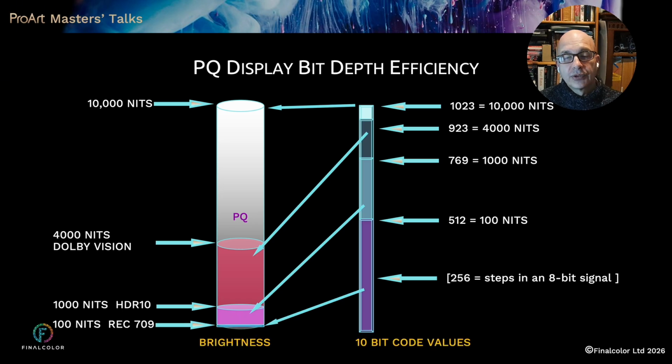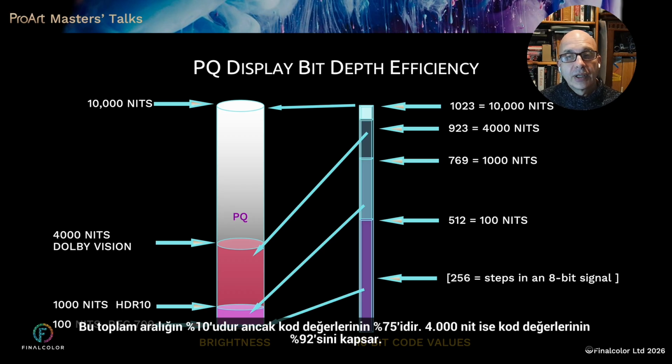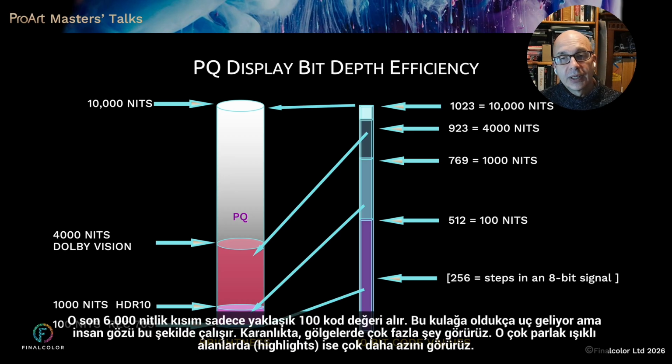And then for 1,000 nits, which is what we currently master HDR to, that takes up 75% of the code values. So that's 10% of the total range, but 75% of the code values. 4,000 nits, that takes up 92% of the code values. And that last 6,000 nits only gets around 100 code values.